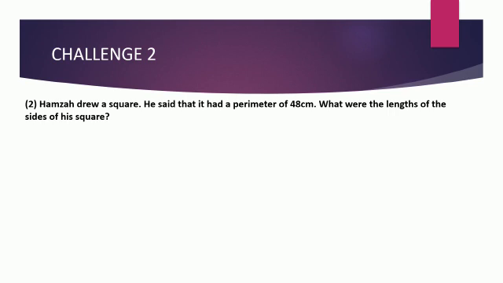He said that it had a perimeter of 48 centimeter. Now the perimeter is given, and the perimeter is 48 centimeter. What was the length of the sides of his square? Now we have to find out the length of the side. Because the perimeter is already given, we will find its side.